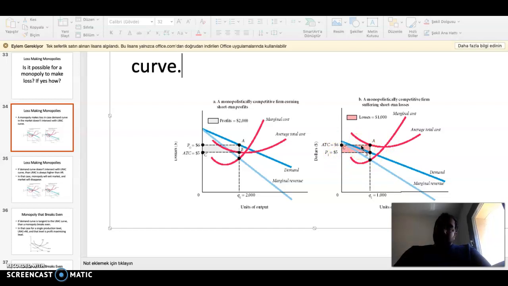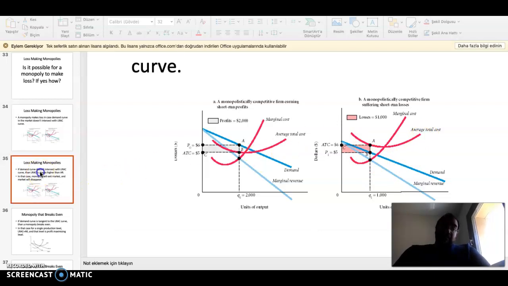Well, the average variable cost curve you can draw anywhere. It can be here. It should be somewhere on the increasing section of the marginal cost curve. So you should go a little bit above, not immediately above, and you should make sure that the difference between the average variable cost and average total cost curve gets smaller as you increase the quantity produced.